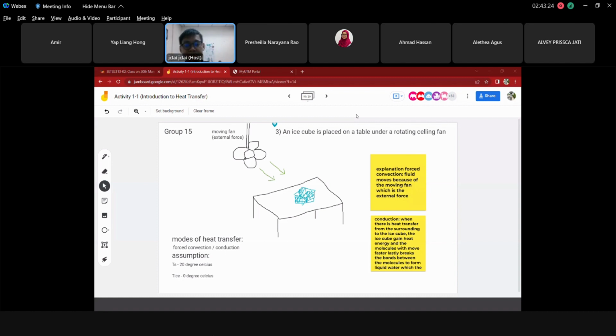Which part of the ice? Outer surface of the ice. Okay, you can't just say ice cube. You must be specific. It should be the outer surface of the ice. Yeah, this is the first reference point. Second point, from the fan. Are you sure from the fan?